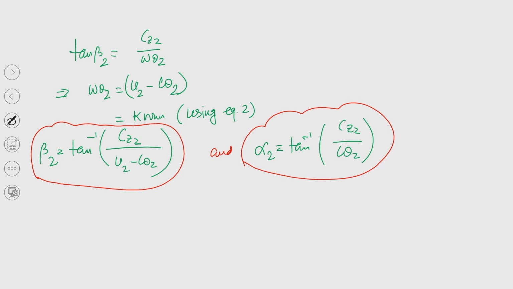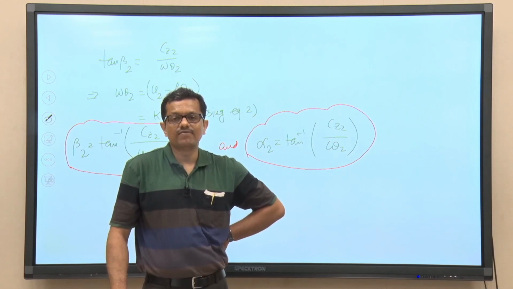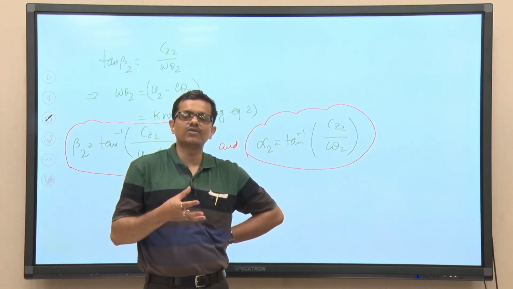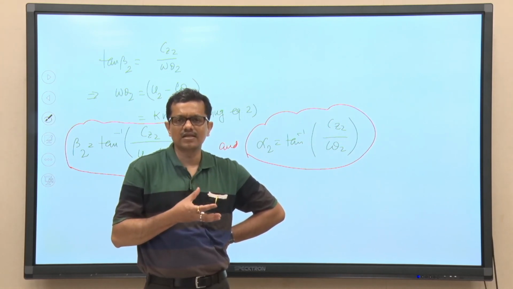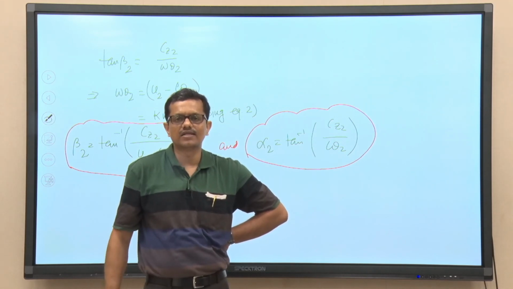If we now try to summarize what we have discussed today, first we discussed the degree of reaction, and we took 3 different values, and we saw that by tuning the design parameter we can change the degree of reaction. We saw its impact on the total head developed by the pump.